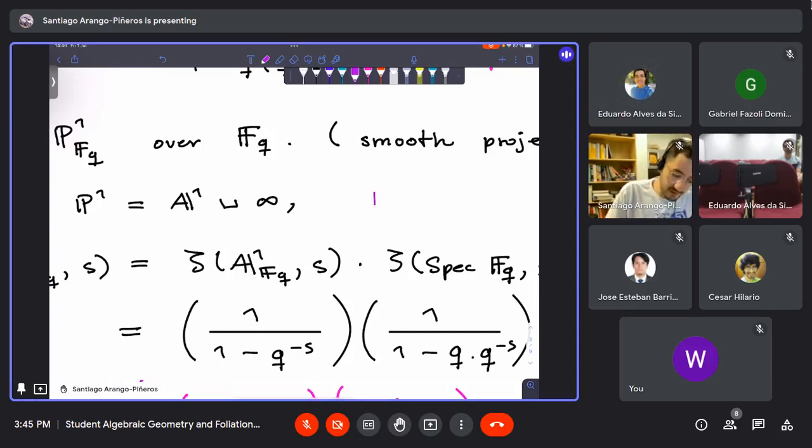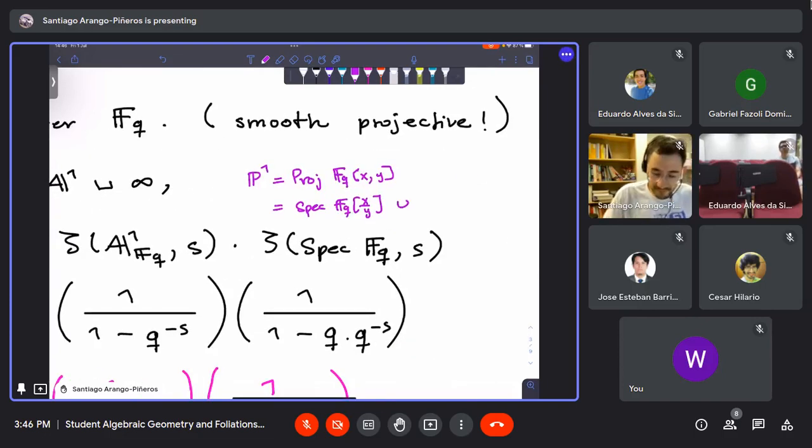So basically, when you take P1 and choose some coordinate system such that this is Proj of F_q[x, y], choosing some affine patch, saying y different from 0, you can write this as an open subset, which is Spec of F_q[x/y], and then you have the closed point corresponding to y equals 0. That's what I'm calling infinity.